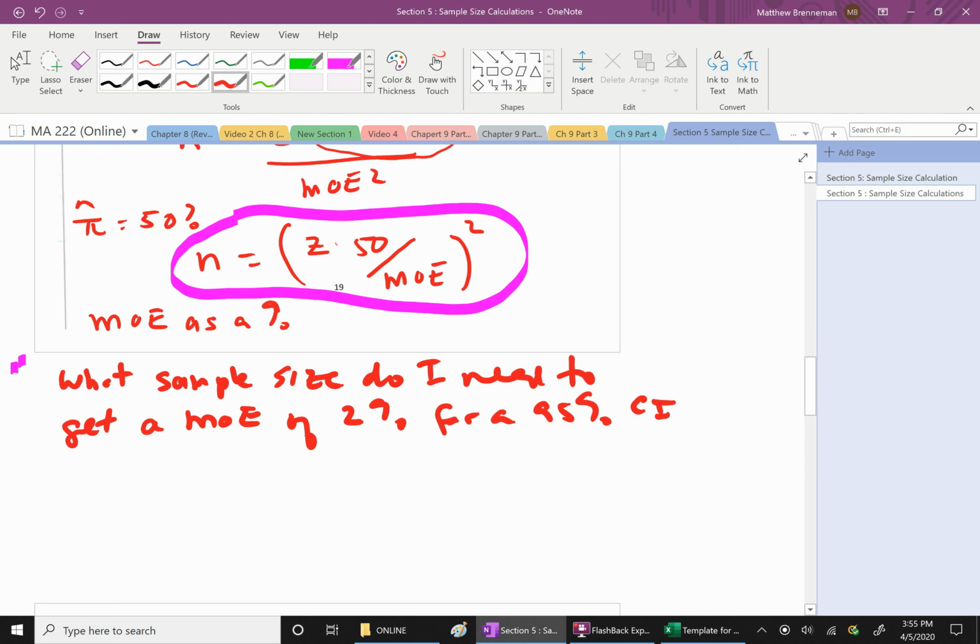This is what they use essentially in political polls, okay? So my MOE is 2%.